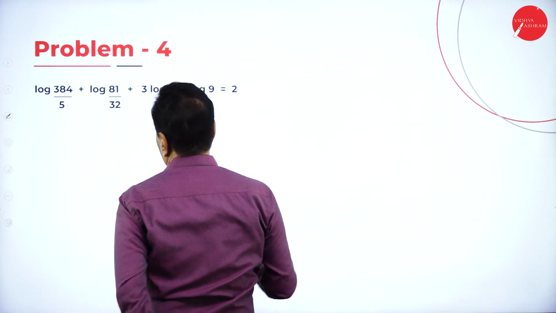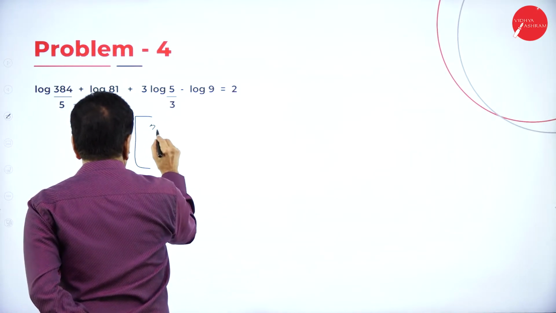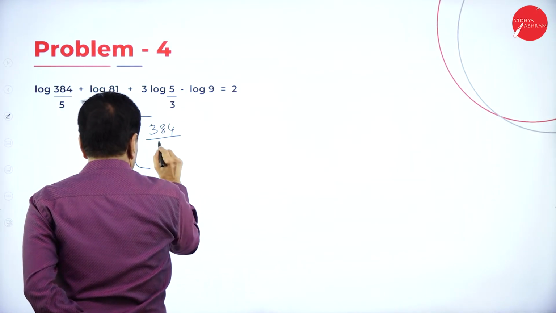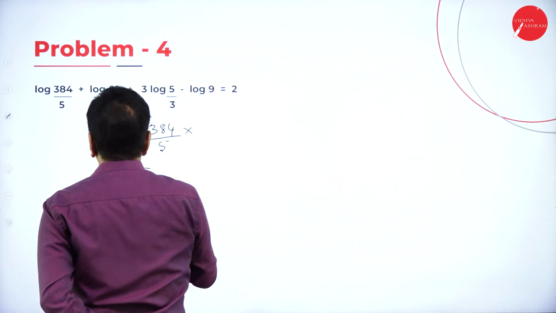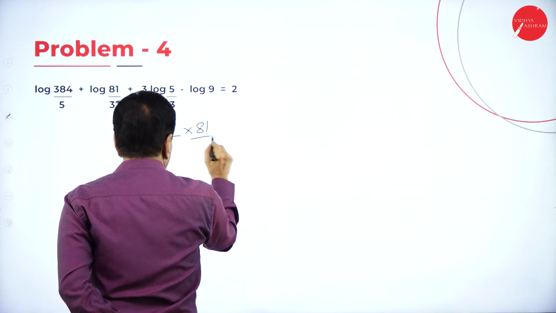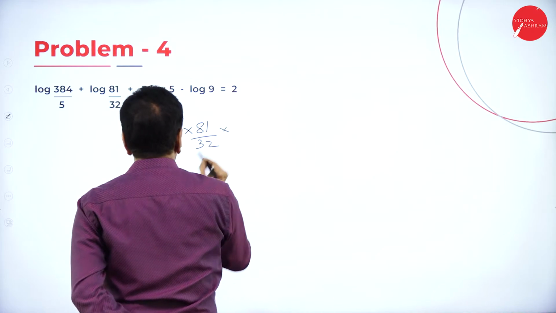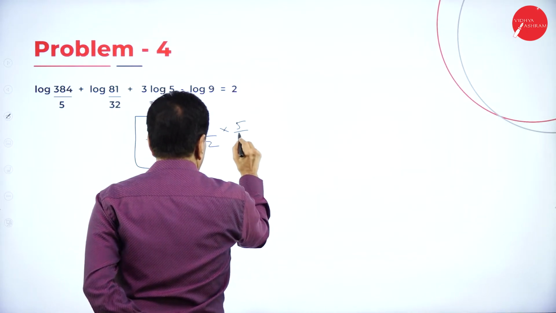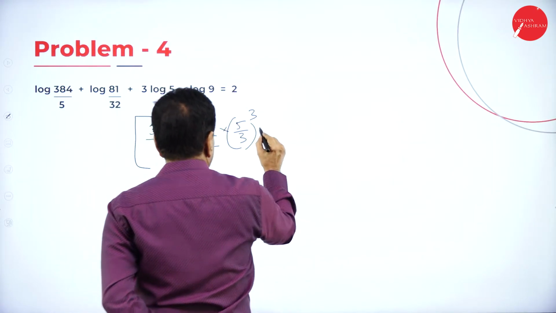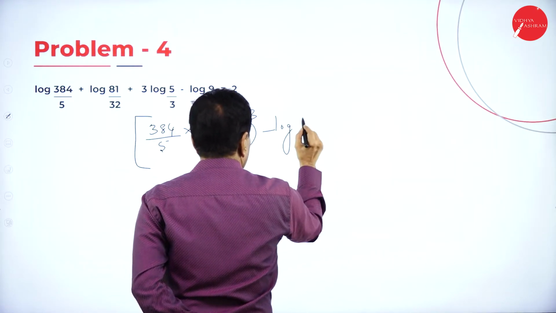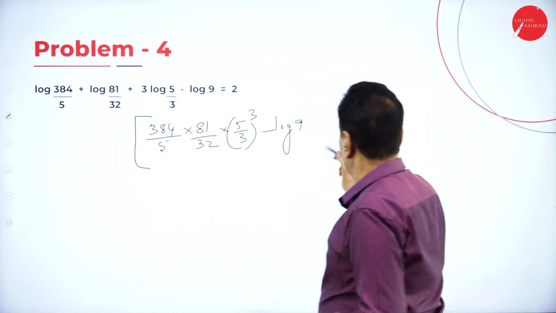This can be written as 384 divided by 5 into 81 divided by 32. This is 5 by 3 whole cube, minus log 9.